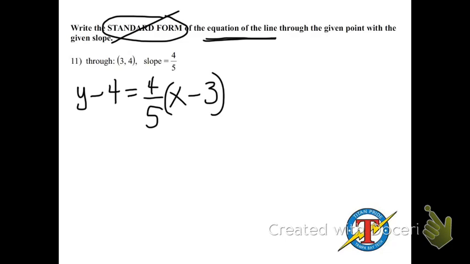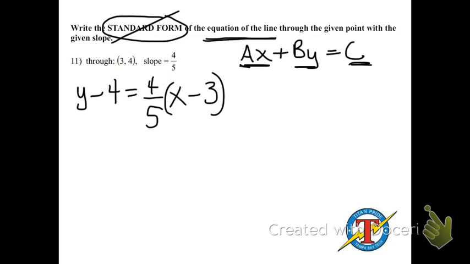That's because often standard form, which is this guy, ax plus by equals c, often that's how they write the answer, which is just basically the x term, the y term, and a constant, where a, b, and c are all integers, no fractions, and usually they don't want a to be negative.